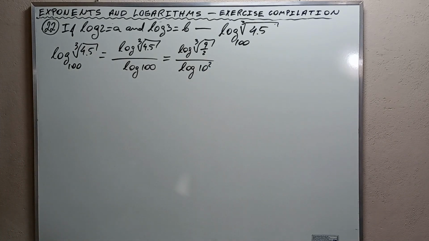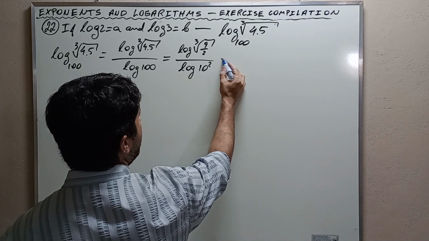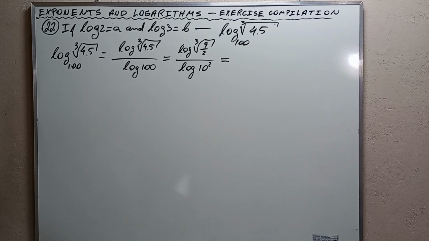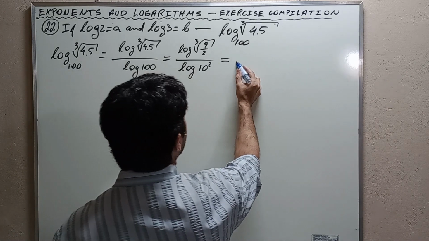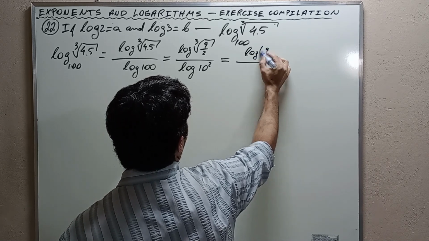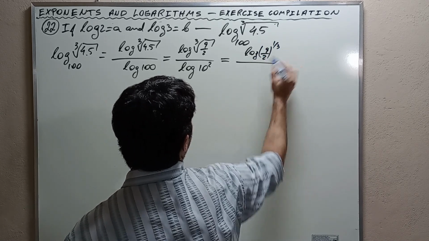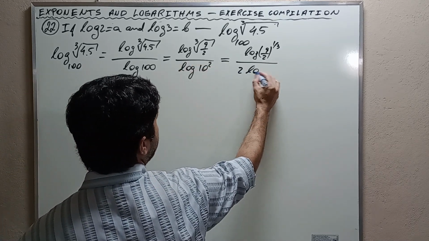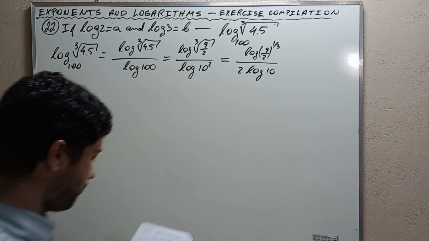Okay? And observe also that the cube root is equal to raising a number to 1/3. It's the logarithm of 9/2 raised to the power of 1/3. And this, we can pass this number here. It's 2 times the logarithm of 10 base 10.